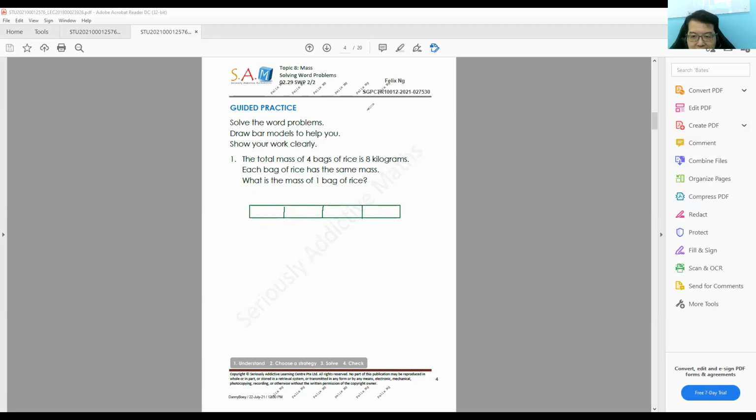Do you see that? So this represents 1 bag, or you can call it 1 unit. Okay, so the 4 bags of rice has got 8 kilograms in it. Question: what is the mass of 1 bag of rice, which is this? Question mark. So what do you think? Is this a multiplication or division question?